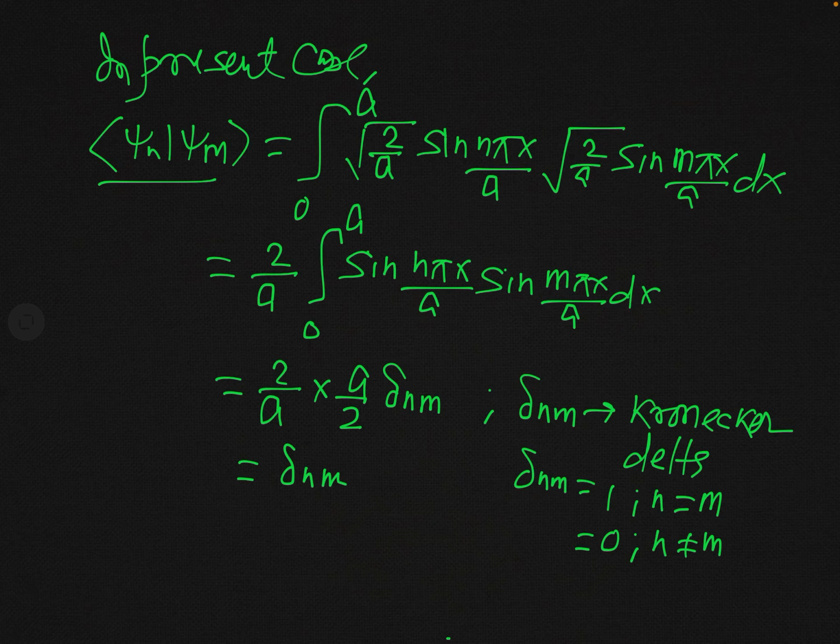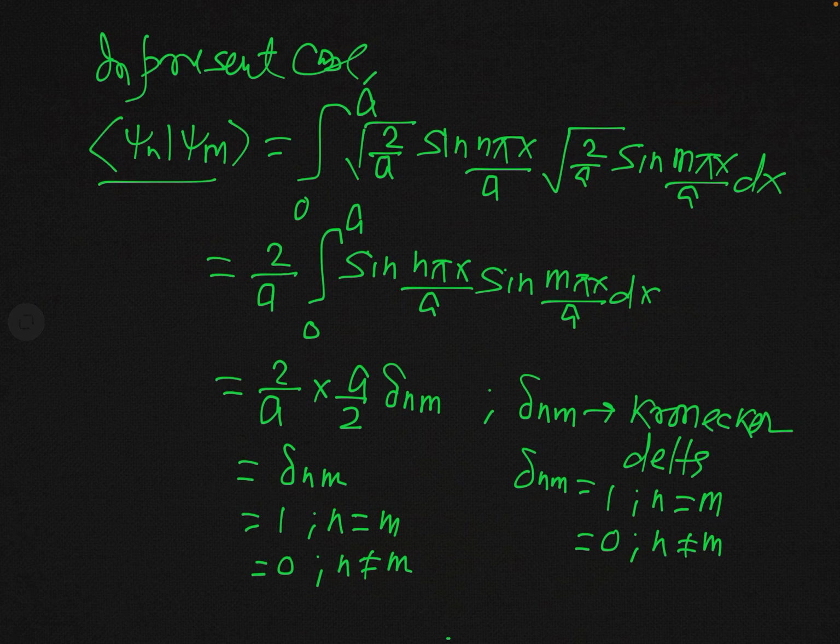So this will be equal to 1 when n is equal to m, and this is equal to 0 if n is not equal to m.